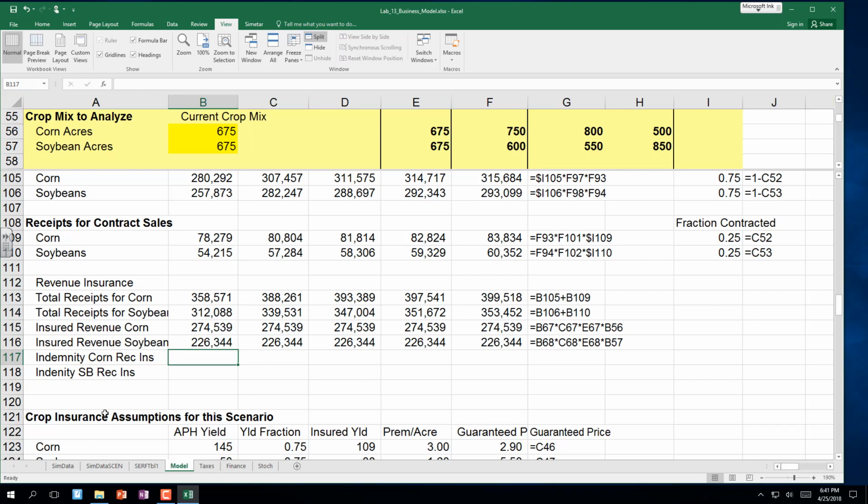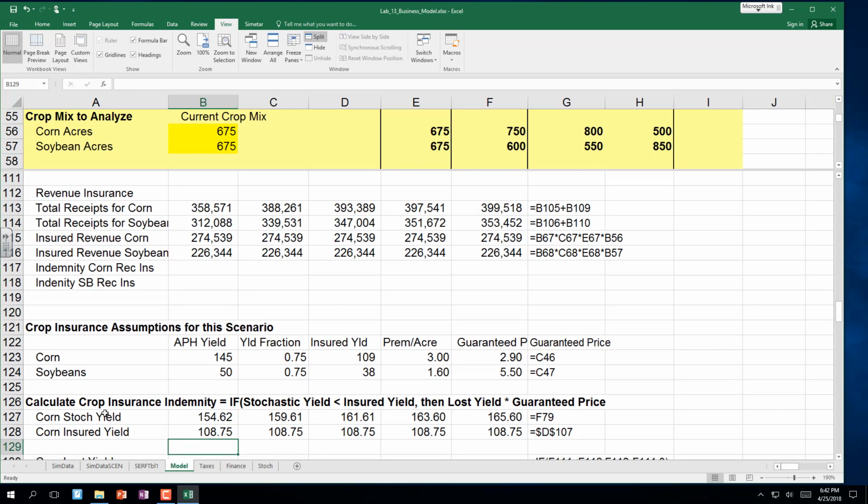So here's where we have to program the if statement. It's going to be equal if my actual total receipts for corn are less than my insured revenue for corn, then I'm going to take the insured revenue minus what those low receipts are, otherwise it's 0.